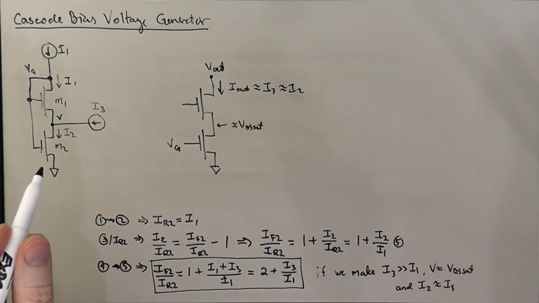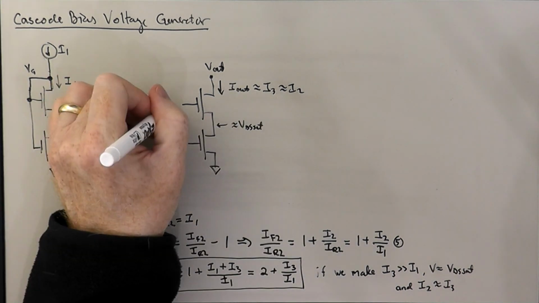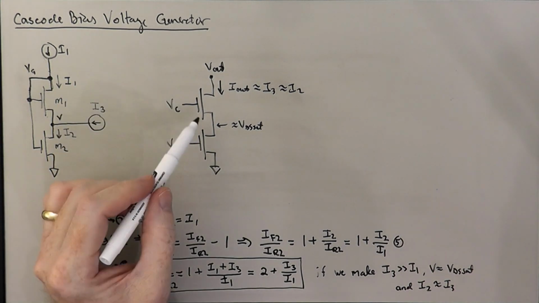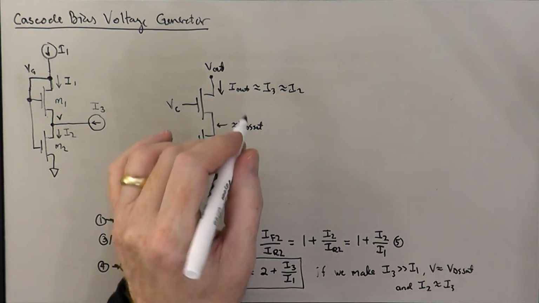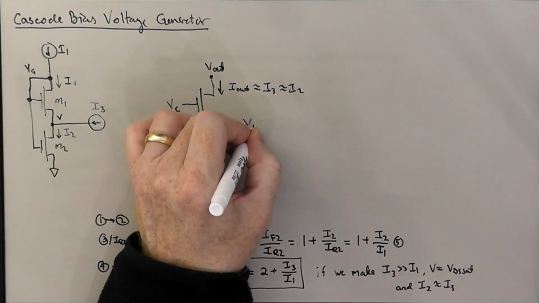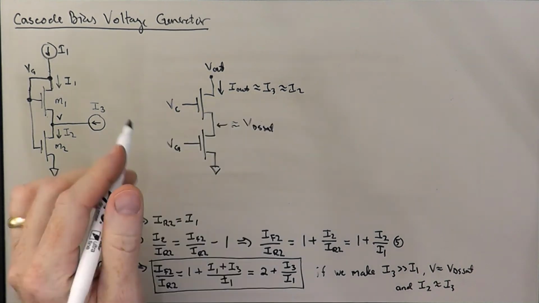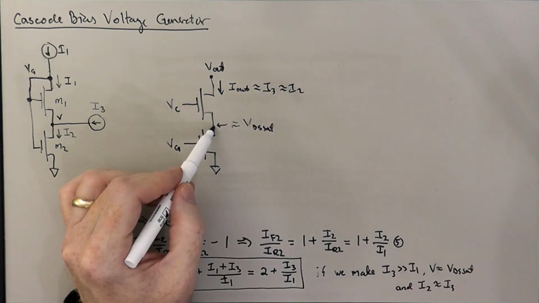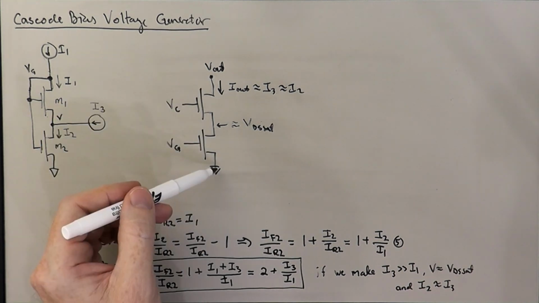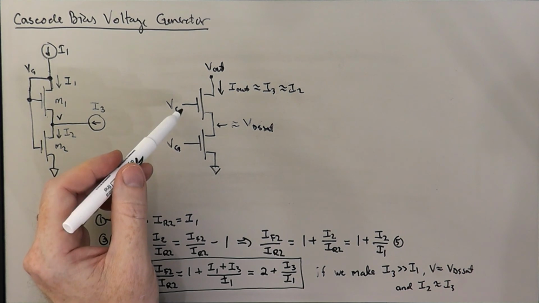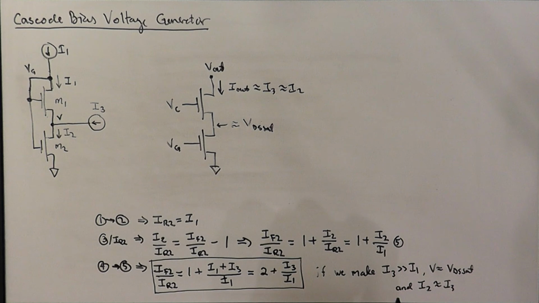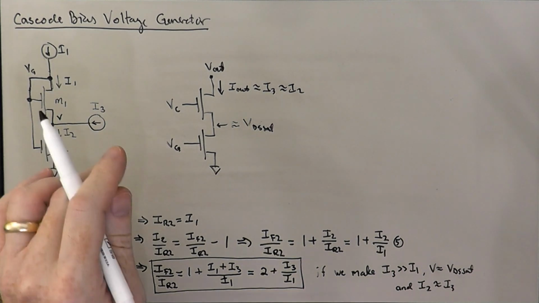And so what we'd like to do is figure out how can we generate this voltage VC so that given this voltage here, V, which is about VDS set, we'd like this to be about VDS set. We want VC to be just high enough above that given the current that it's passing to allow this transistor to have its source voltage here at VDS set. I guess that's what I'm trying to say.